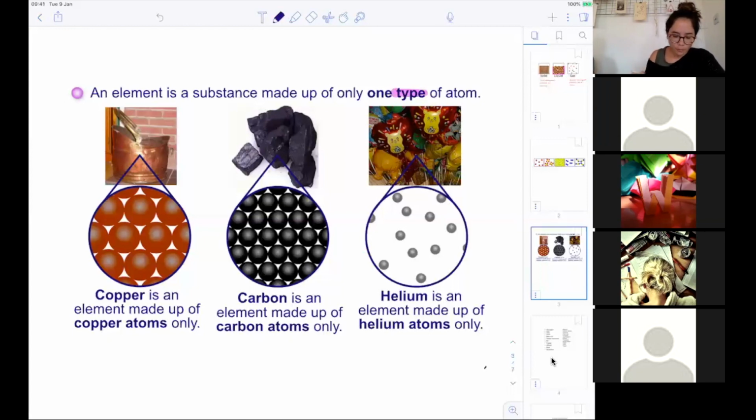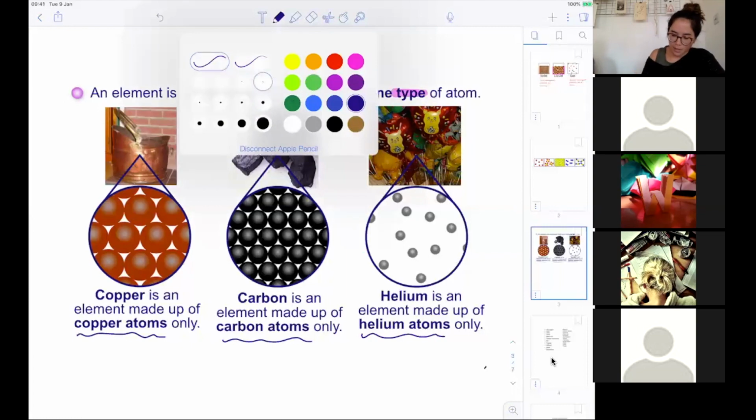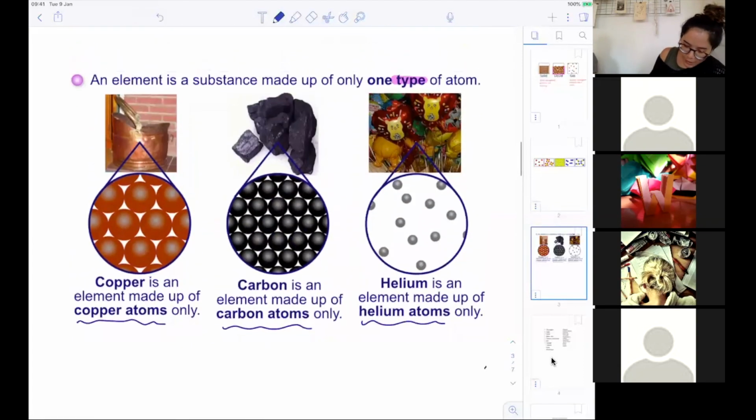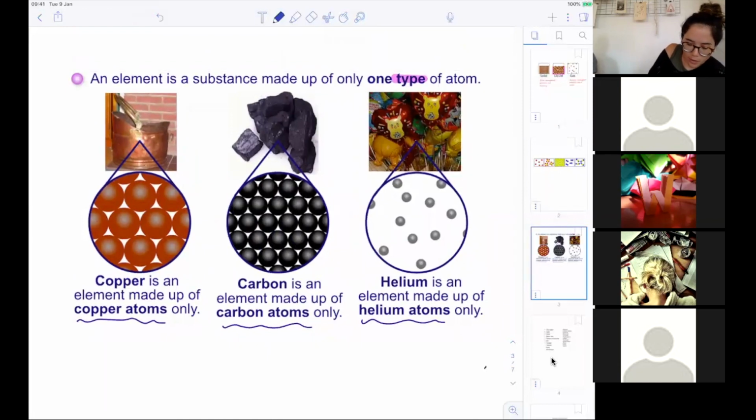For example, if we look at copper, we can see that it's made up of copper atoms only. Carbon is made up of carbon atoms only. Helium, as we can see from the particle structure, is a gas, but again, it will only contain helium atoms. So let's make a couple of definitions here. In fact, I don't need to change this definition. This definition up here is your perfect definition of an element.